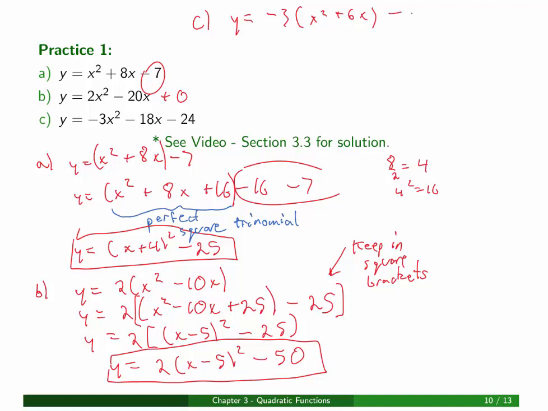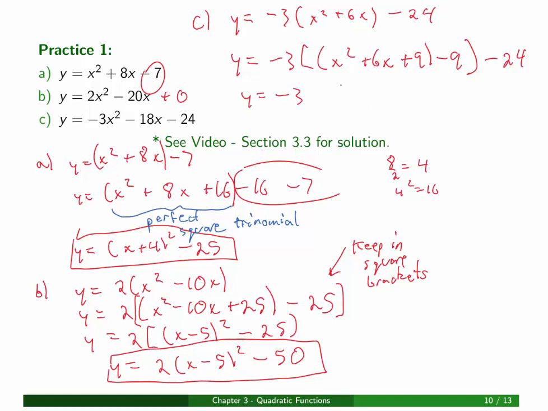And then you have a minus 24. So, let's keep going. We're going to have square brackets. You're going to have x squared plus 6x. Half of 6 is 3, squared is 9, plus 9, minus 9, close the square brackets, minus 24. Remember that negative 3 is going to the 9 inside the square brackets.